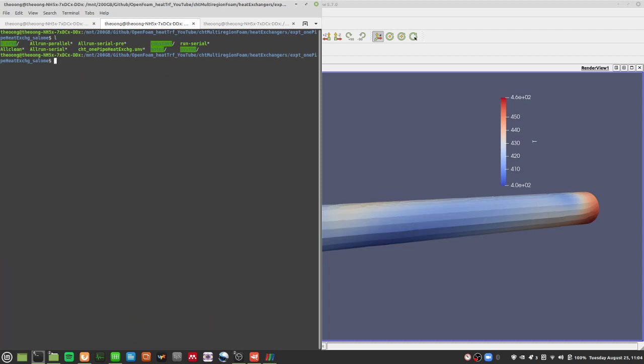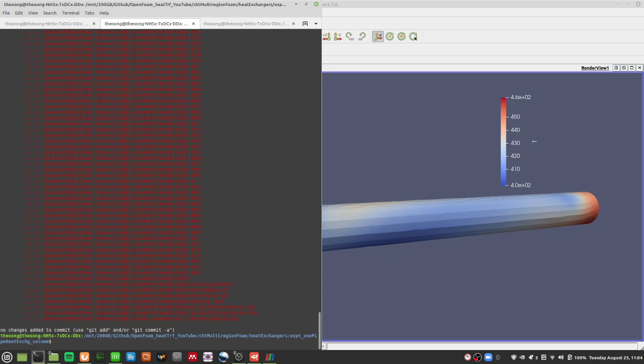Okay, like let's see, git status. All right. Okay, I will just add this and git commit. Okay, what is this? chtMultiRegionFoam 1 pipe.